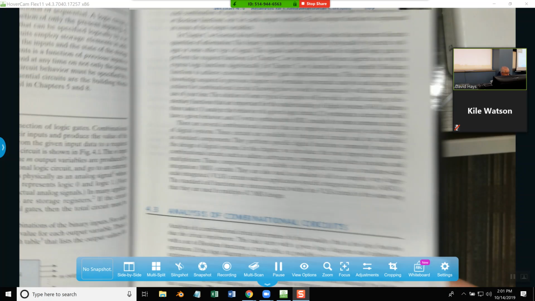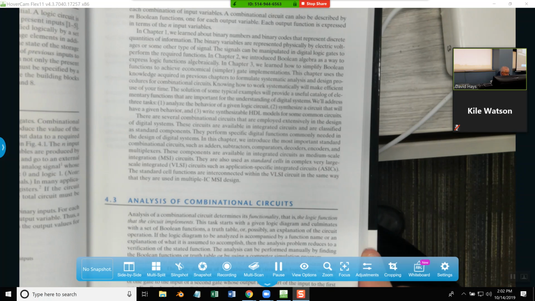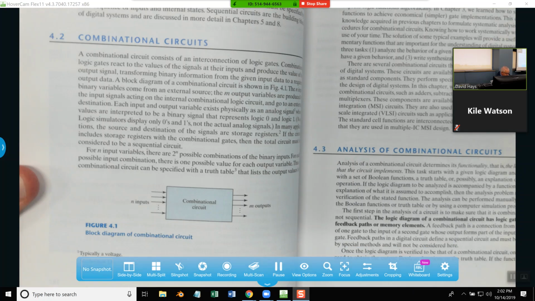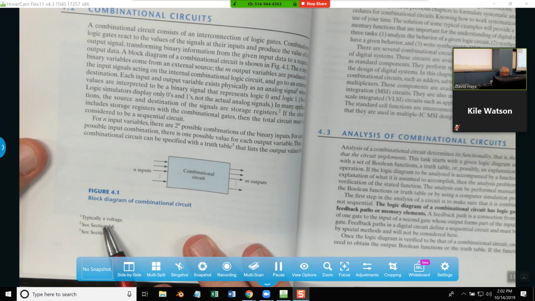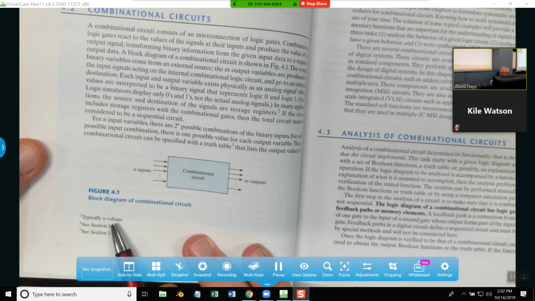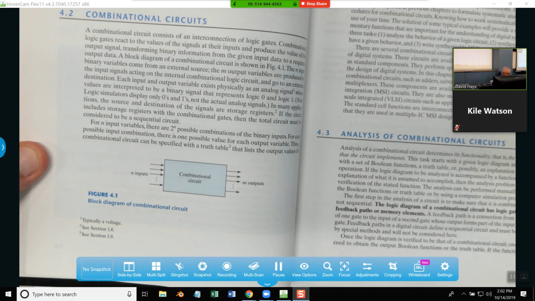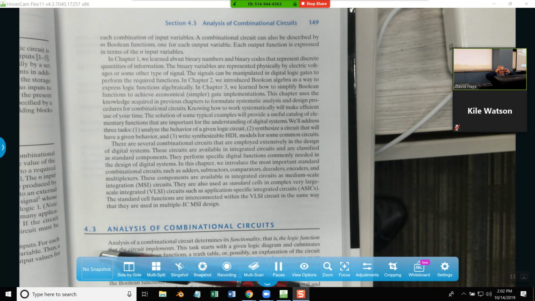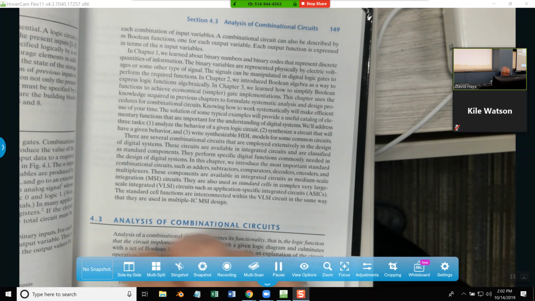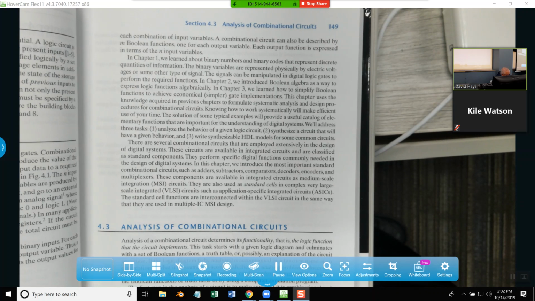And remember last time we talked about that typically we're talking about a voltage there. This is where it's used.